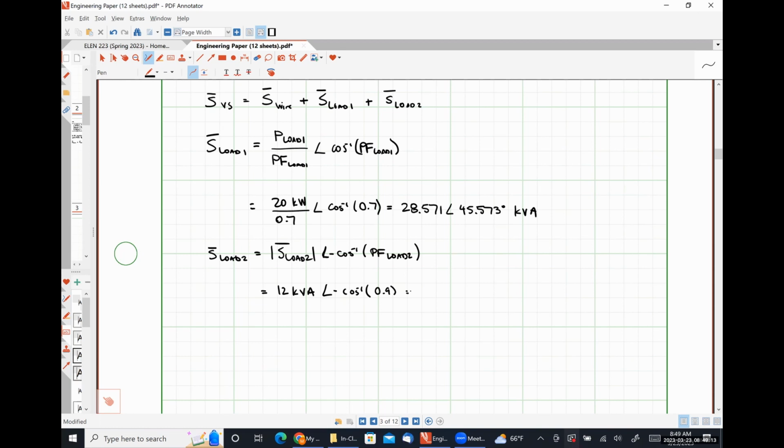Actually, before I do that, I'm going to store my answer as A. So now we're going to have 12 angle negative inverse cosine 0.9, store it as B. So that's going to be 12 angle negative 25.842 degrees.